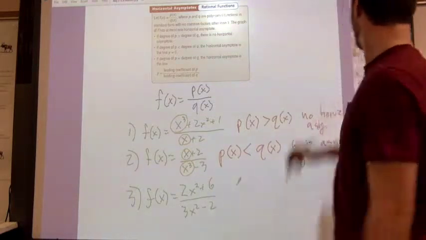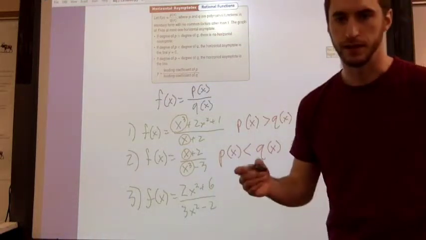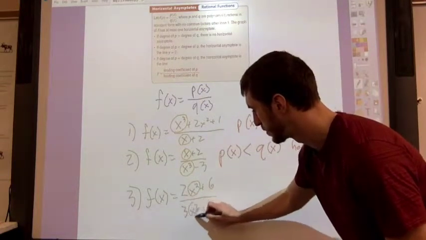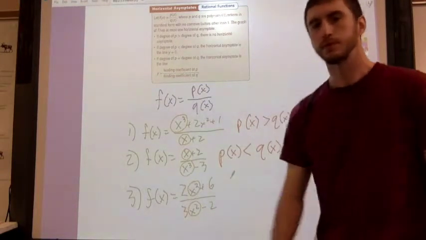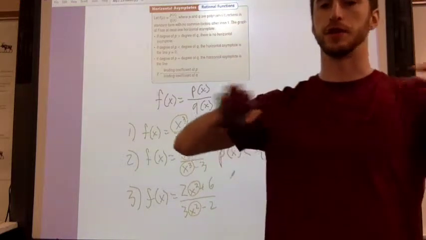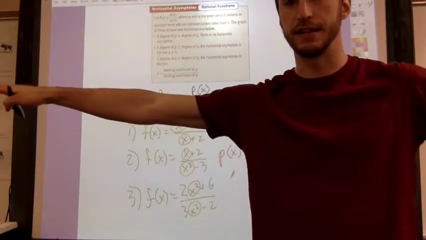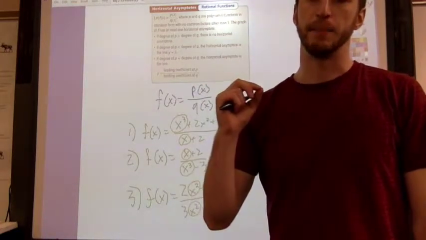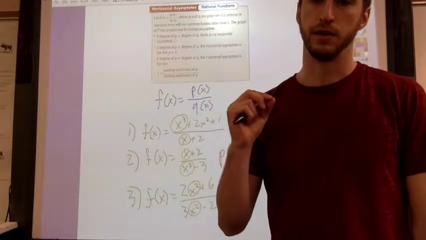Okay? In this case, you always go for your leading powers. You've got this x squared in the numerator and this x squared in the denominator. Think about this. The x values are approaching the infinities, okay? And you've got the same value divided by the same value.